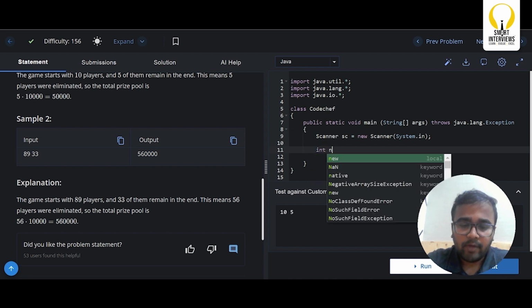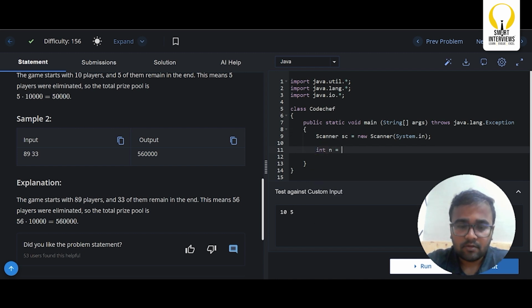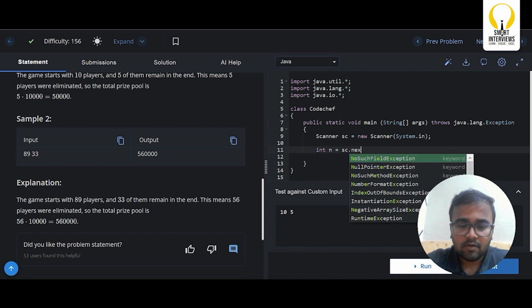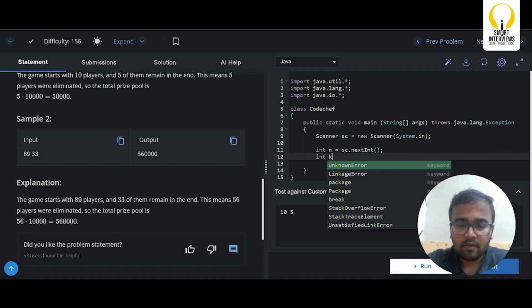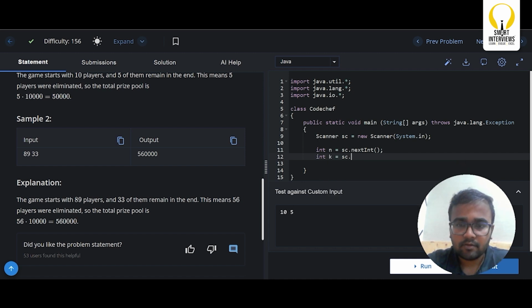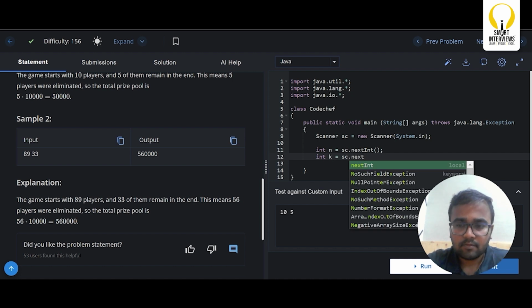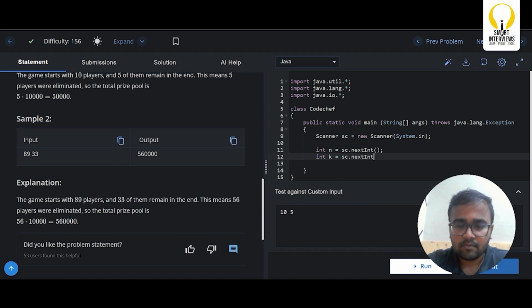According to the input format, we will take the number of people who are in the beginning and then the number of people who are left. So we have taken the two values. Then how will you find the pool price?